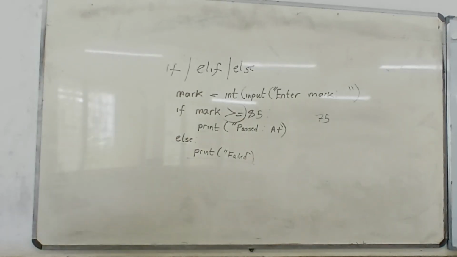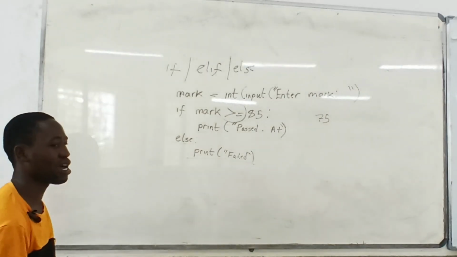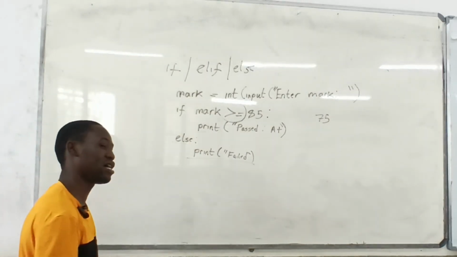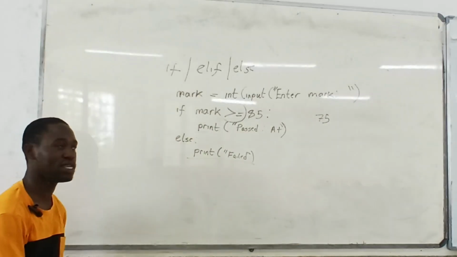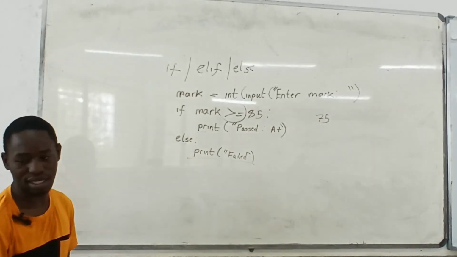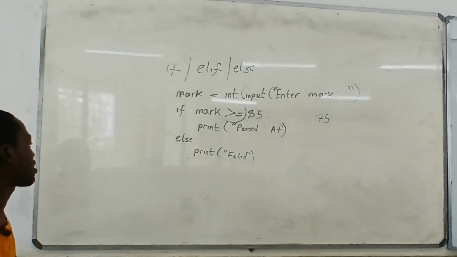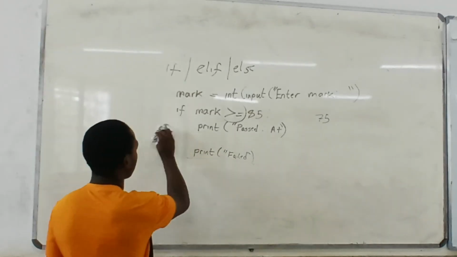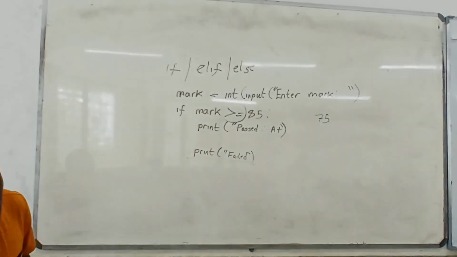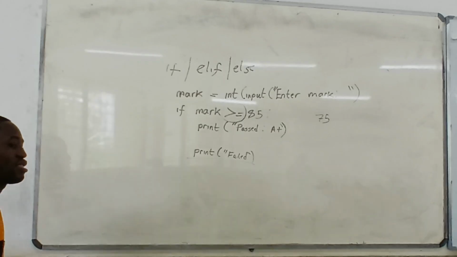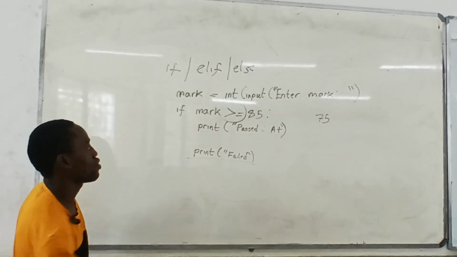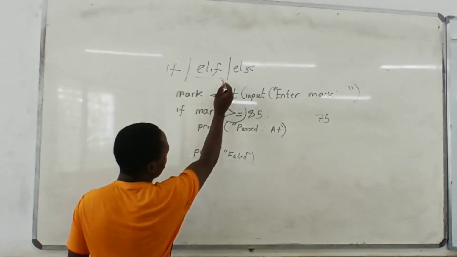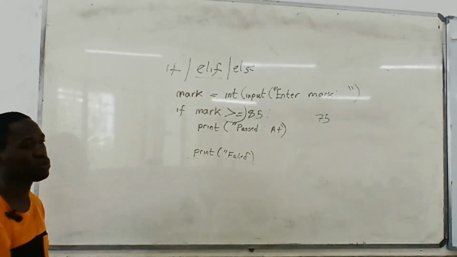So now what if we are having different grades? There's a B plus, an A plus, an A, a C, a D, an E. Then this changes from else, and if you remember in C++, there was else if. But instead of else if in Python, you use elif, which is just short for else if.